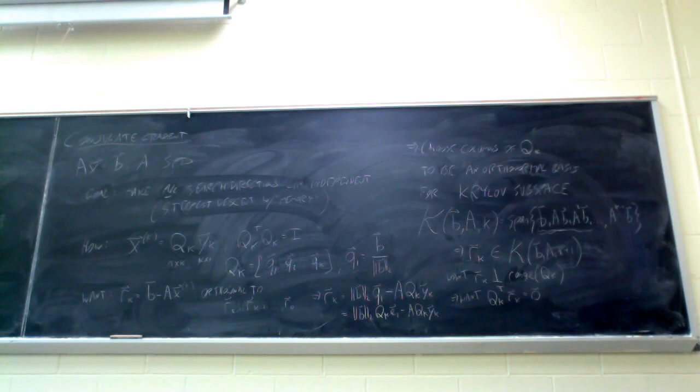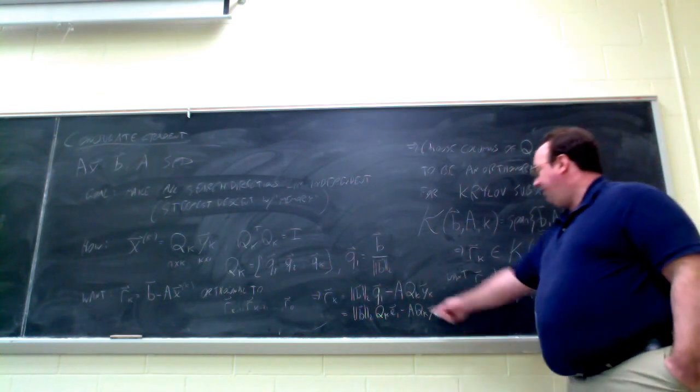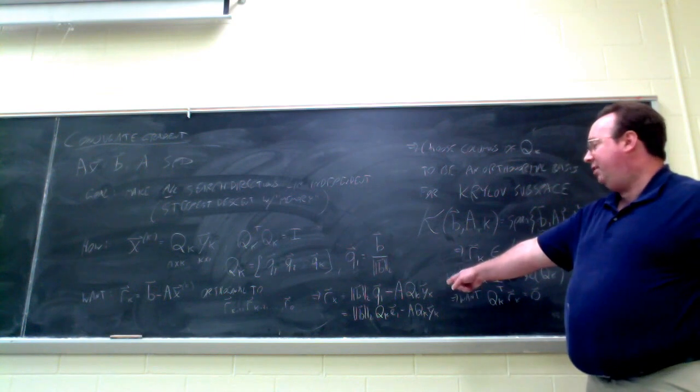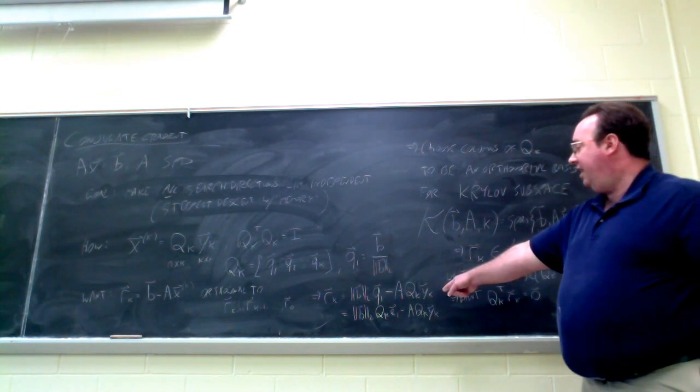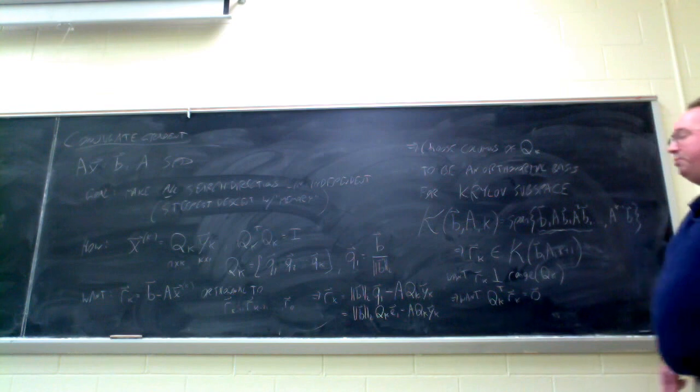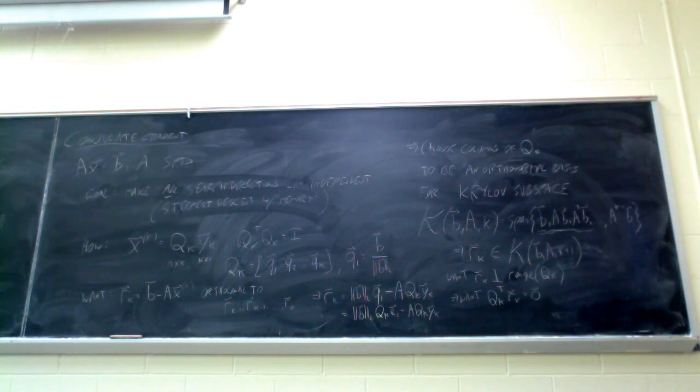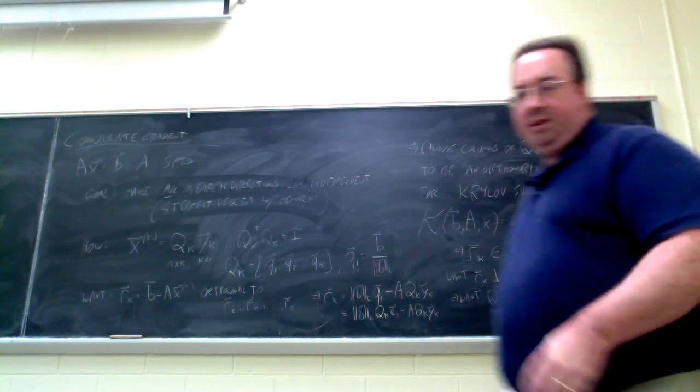So now all I got to do is take this equation right here that defines my residual and multiply both sides by QK transpose. And that's going to give me all these inner products. I need to require them to be 0. Okay.